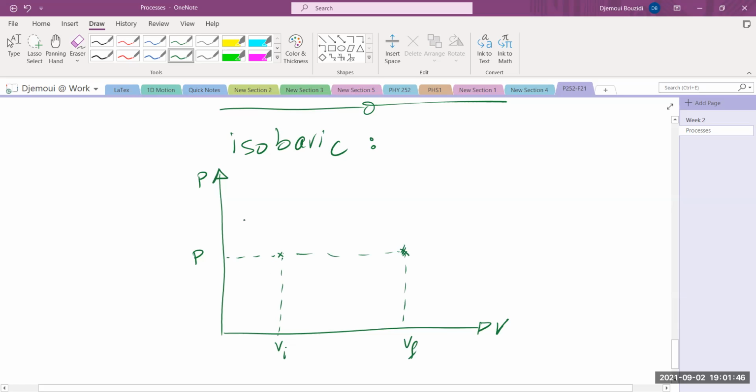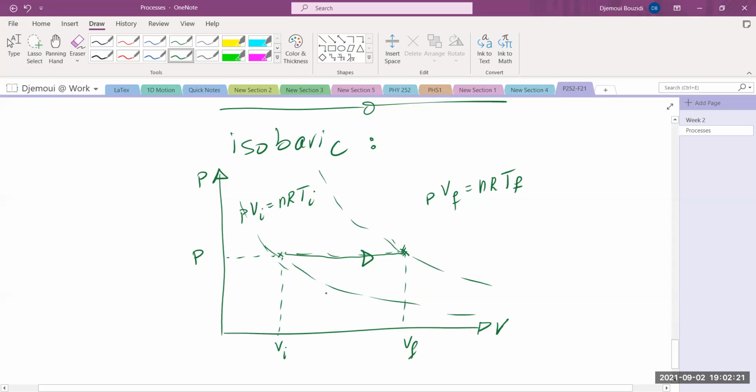This temperature will satisfy P, which is constant, times V initial must be equal to nRT initial. Because something has to give. If the pressure is fixed, then the temperature cannot be fixed. Temperature must be different. And this is P times V final is equal to nRT final. So the temperature in here is some isotherm, which is not the same isotherm as this one. So we're going through this process now.